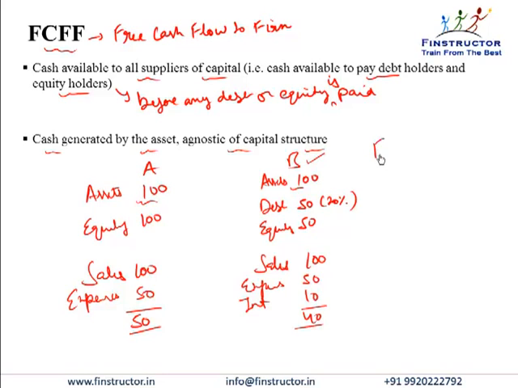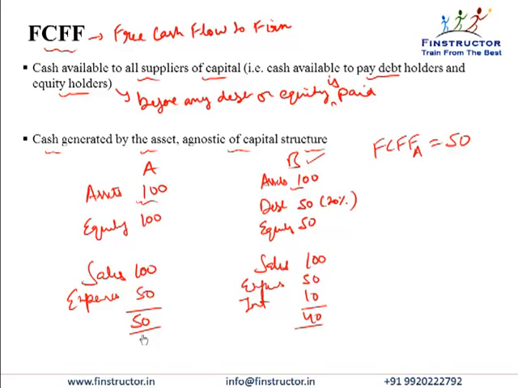But if we compare the free cash flow to firm, that is the cash available before any debt or equity has been paid, for Company A it will be $50, because this is the cash from sales and I've only met the operating expenses. I haven't paid any debt or any equity.